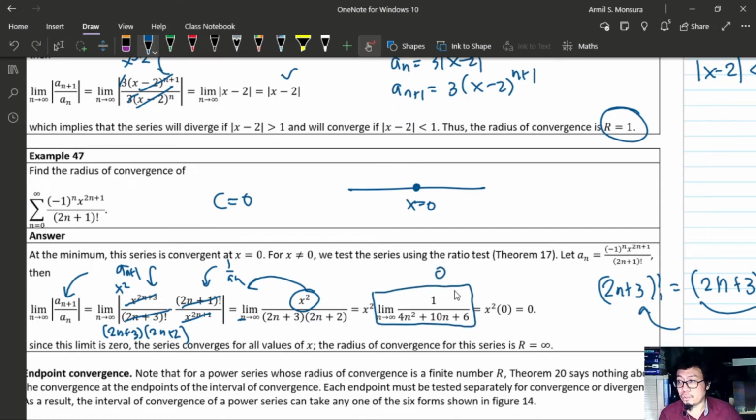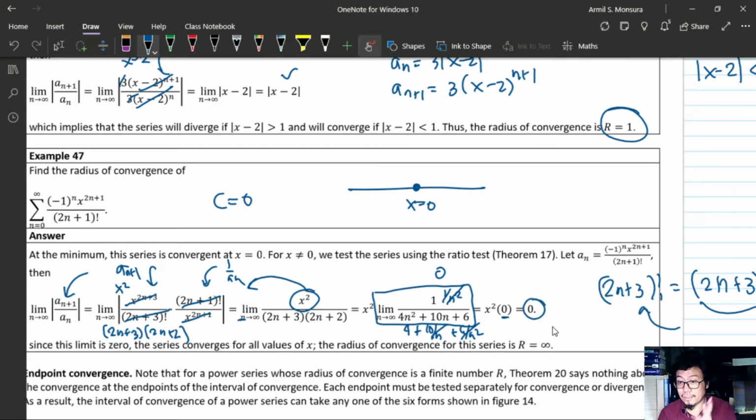Basically, you can divide both the numerator and the denominator by n squared. That becomes 1 over n squared over 4 plus 10 over n plus 6 over n squared, which is 0 over 4. So this is 0, and therefore, by the ratio test, that limit becomes 0.